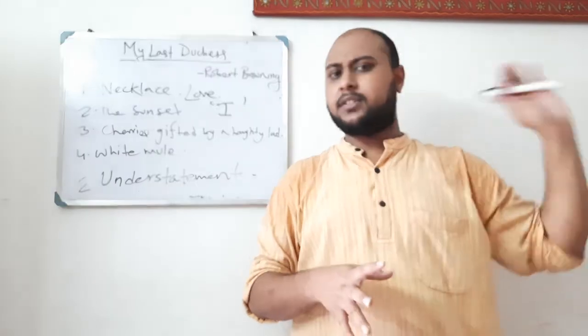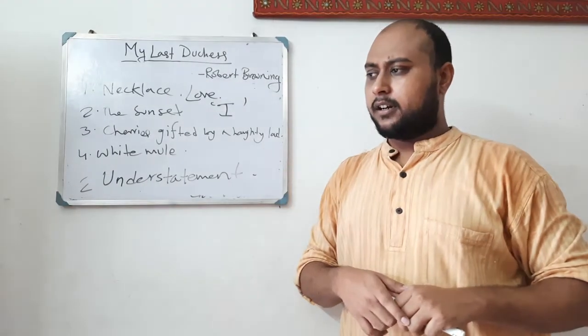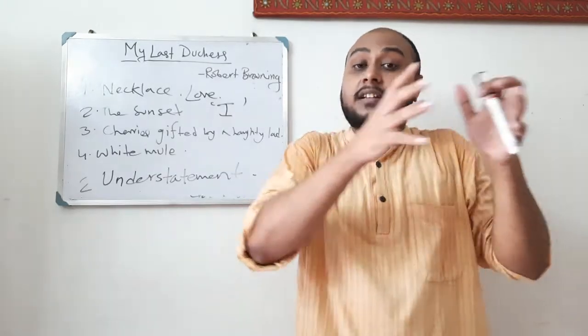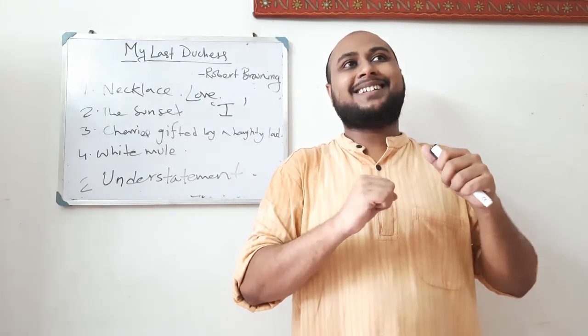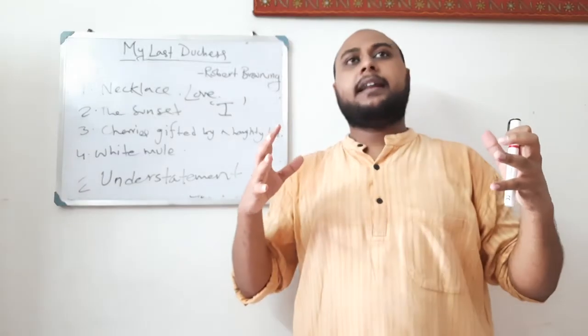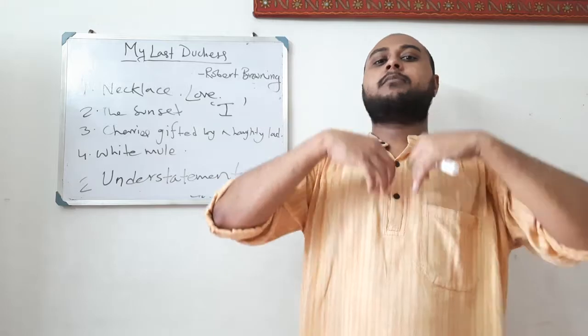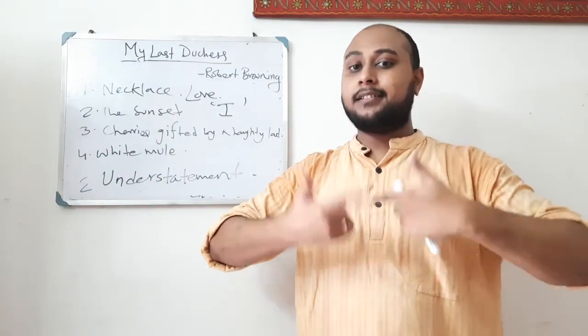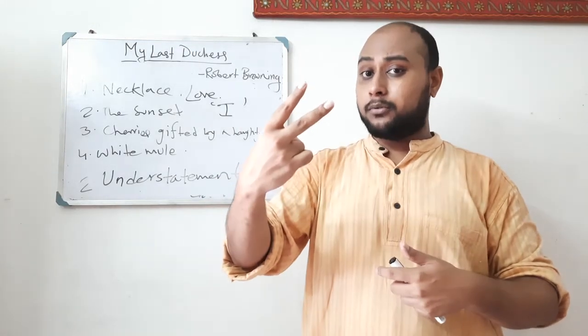We have discussed that in the earlier video. So this Count of Tyrol is the master of the messenger, Nicolas Madruz, as we know him. And the messenger has come to the Duke to talk about the wedding, the second wedding of the Duke.